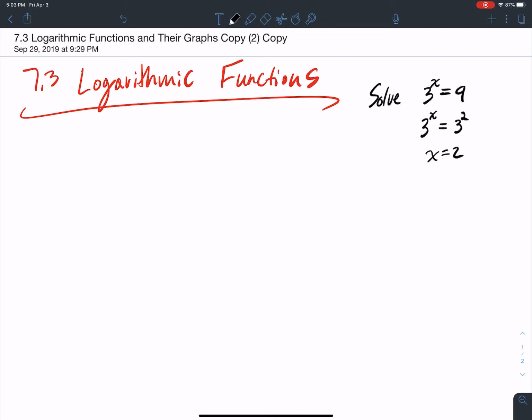Well, what if instead of 3 to the x, because this one's not too bad, I know if I plug in 3 squared, I get 9. That solves it. But what if instead the question was solve 2 to the x equals 9? Why is this one challenging?